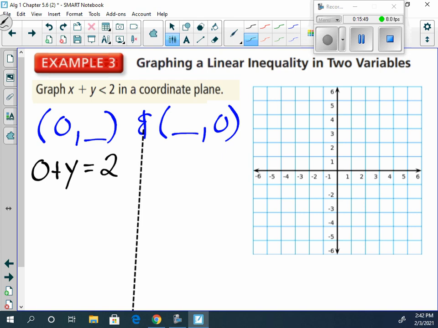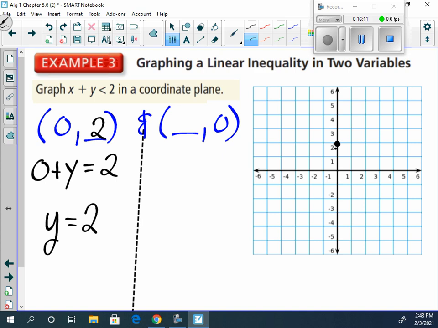Now, what is 0 plus y? So one of our points is 0, 2. And that's it for this first half of it.